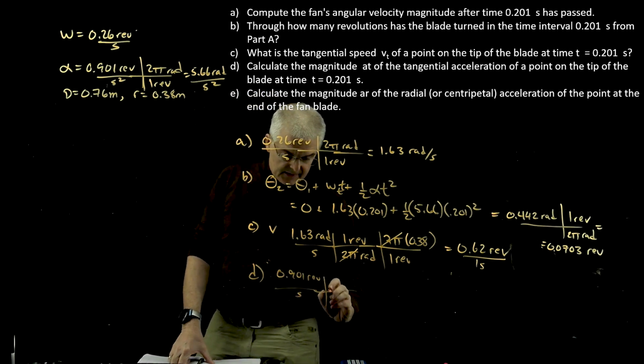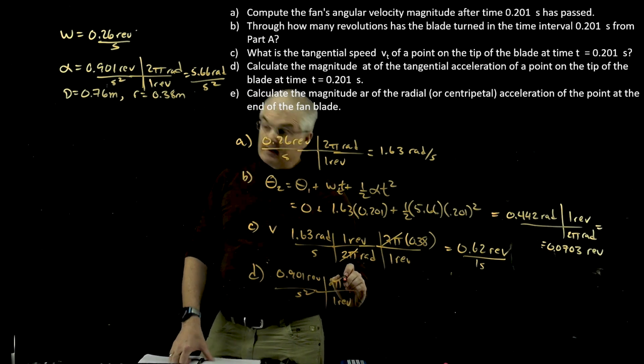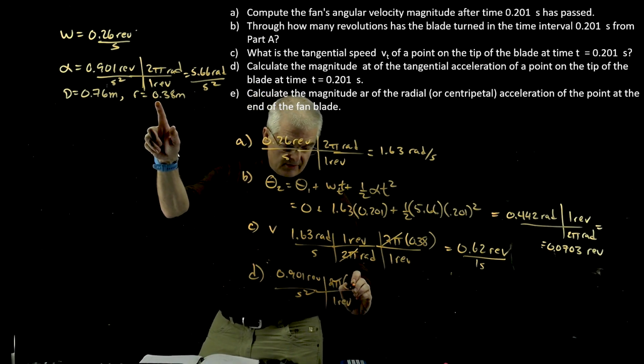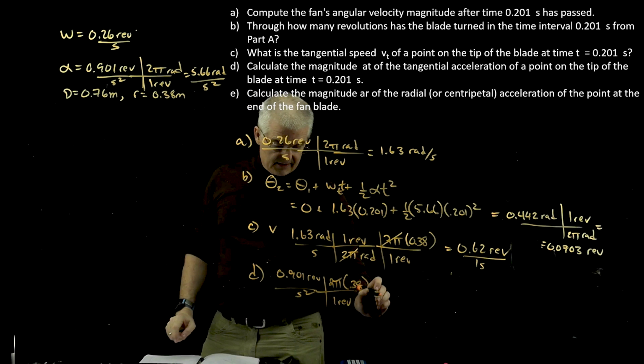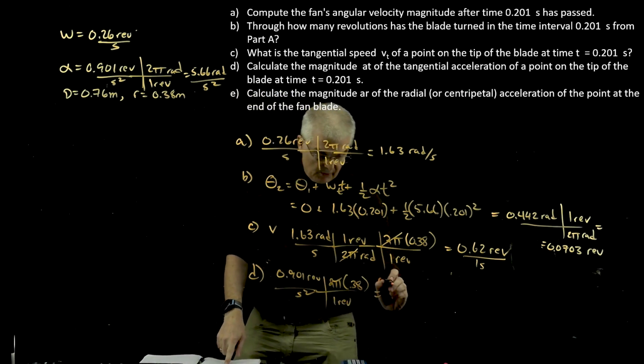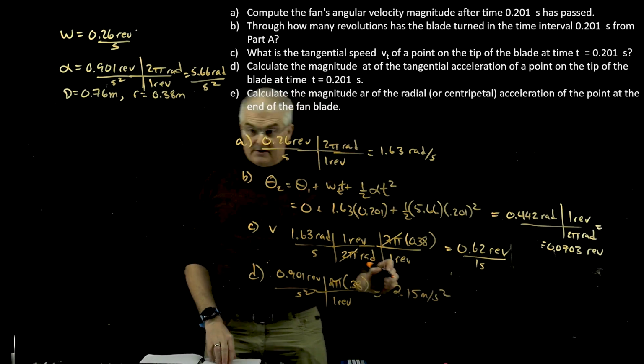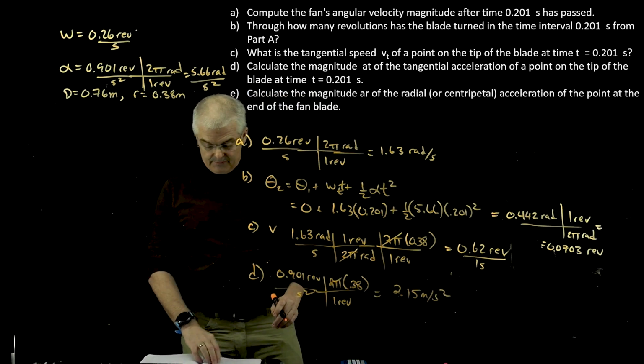I can basically say that 1 revolution is equal to 2 pi radians per second squared, times the radius, 0.38. And I get 2.15 meters per second squared. Yeah, these are kind of long involved questions. You're going, wow, Mr. Bergmann, that's a lot.